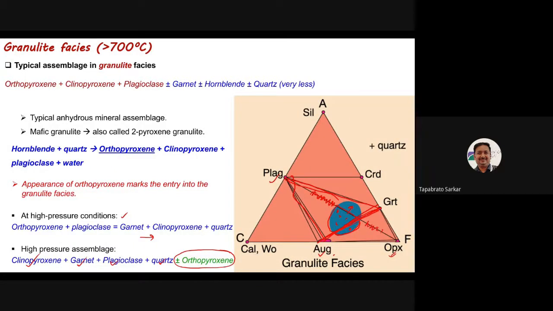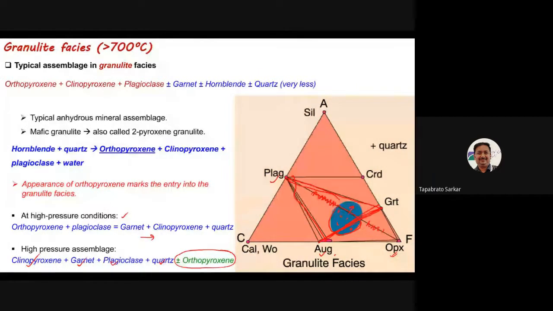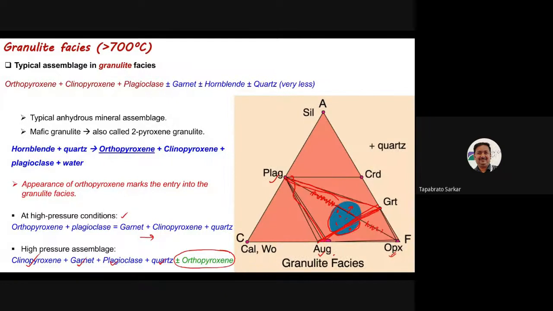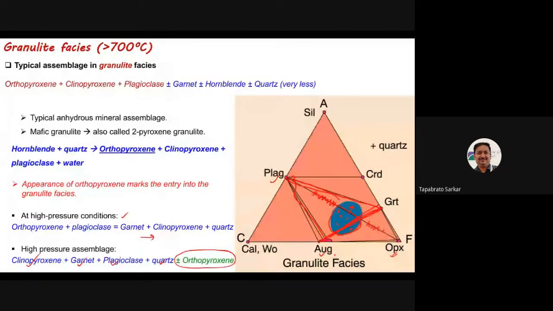In nature, what we see is that all these reactions don't go to completion. It means that all the orthopyroxene may not be completely consumed. So in a rock, we will find that some orthopyroxene is still left, along with garnet, clinopyroxene, and plagioclase.